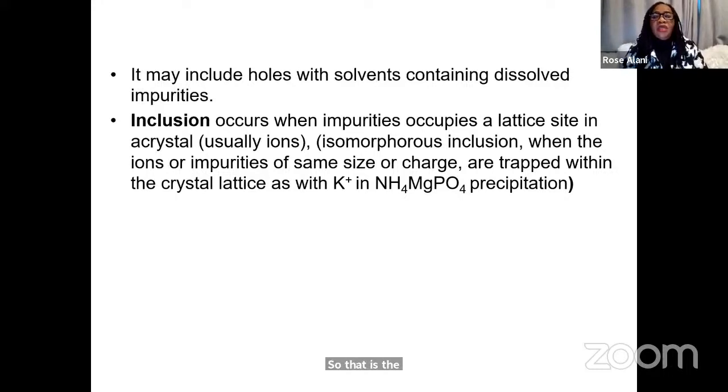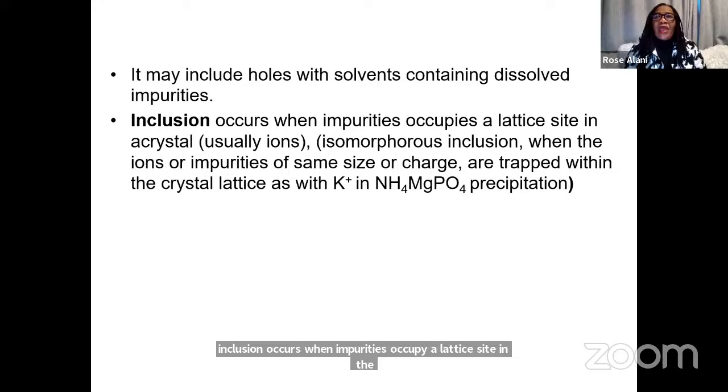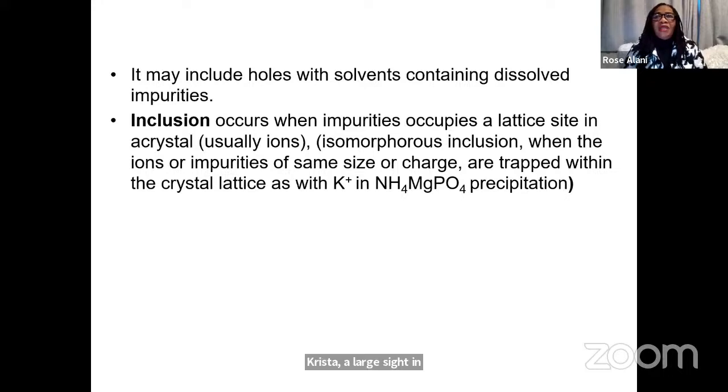Then inclusion occurs when impurities occupy a lattice site in the crystal, just as the crystal is forming, the ions of the impurities also take their proper place inside the crystal, as if it's just part of the proper thing. That is the inclusion. So when the ions or impurities of the same size or charge are trapped within the crystal lattice, it's just as if it's the same crystal that is formed.